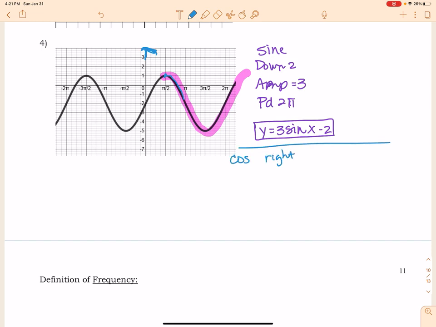And how far has it moved to the right? It has moved to the right pi over 2. But it has also moved down. So let's see how far it has moved down. The amplitude is still 3, right? So that means that this right here has moved down how many? It has moved down 2.